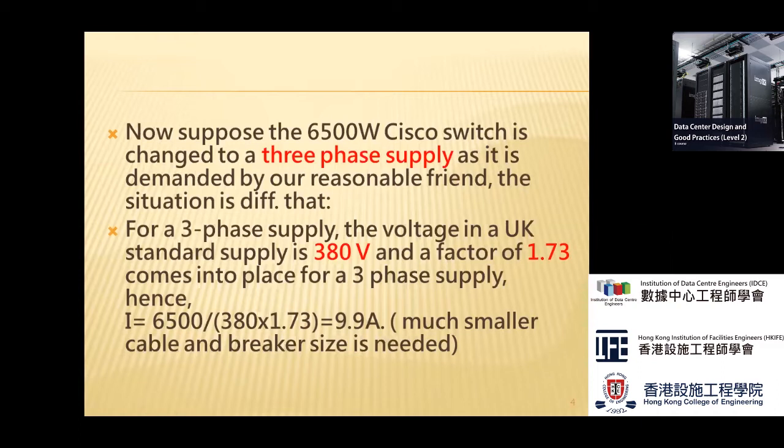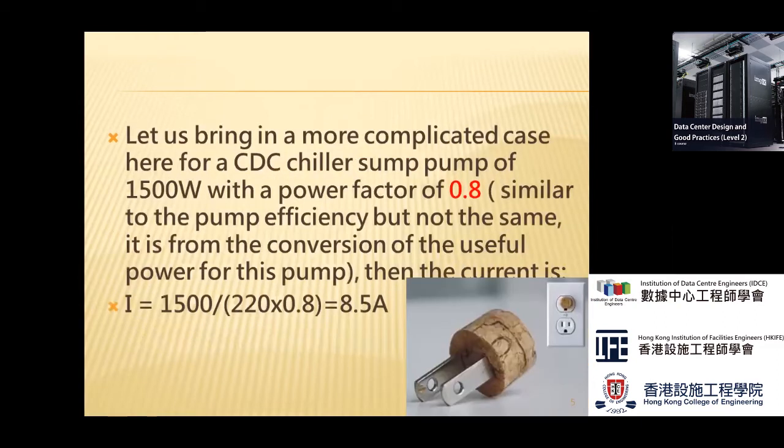Mainly for Cisco switch, which is more like a resistance type of server, the power factor is equal to 1. However, for this chiller sump pump, if it is 1,500 watts and the sump pump moves, as soon as a mechanical equipment or electrical equipment which moves or rotating, then there will be a power factor which comes in. This is called the power factor.